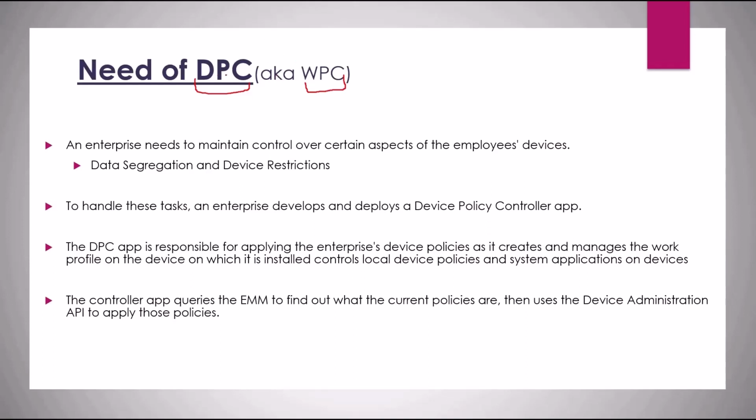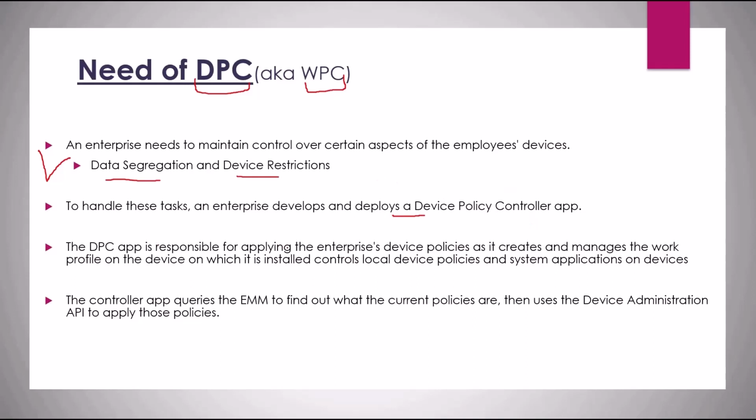So now we understand what the need is. Somebody has to do the data segregation and somebody has to apply the device restrictions, whatever policies we are deploying to the device. To handle these tasks, we develop and deploy an application known as device policy controller or work policy controller.